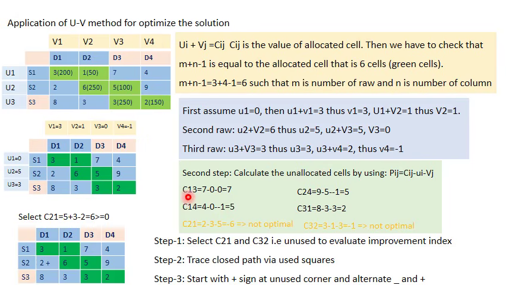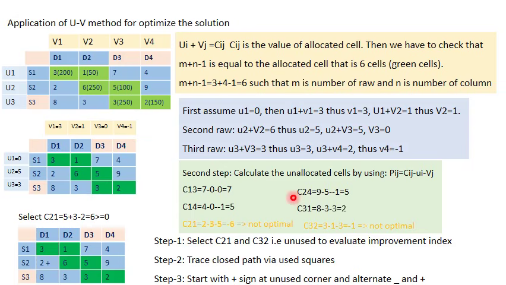For example, C13 means this one, because it is unallocated. C13 equals 7, that is the cost, minus 0, that is this one, and minus V3, that is 7. And the same is true for the remaining unallocated cells.